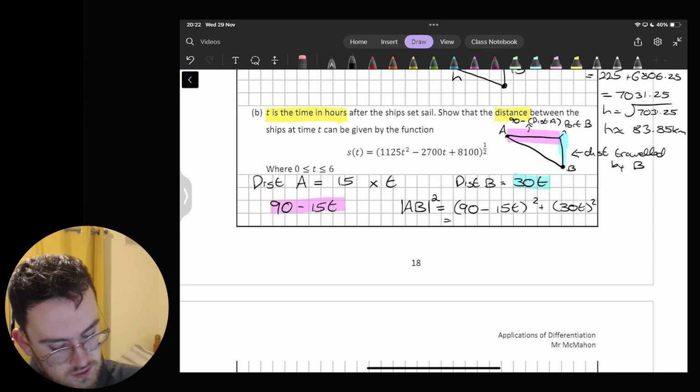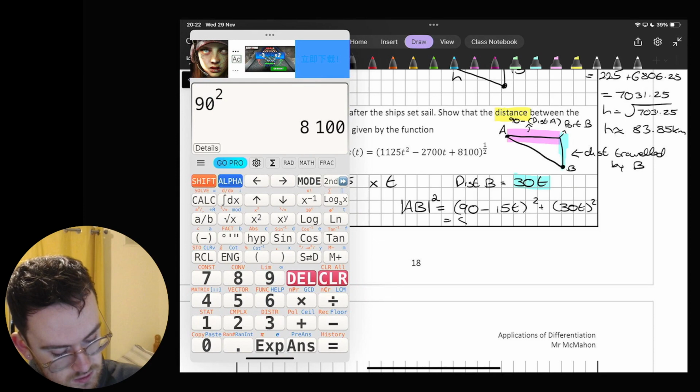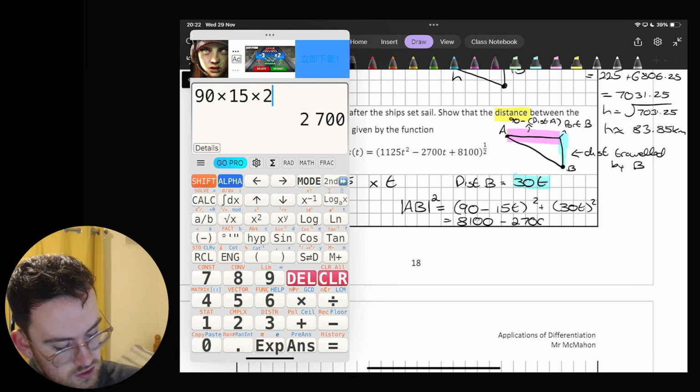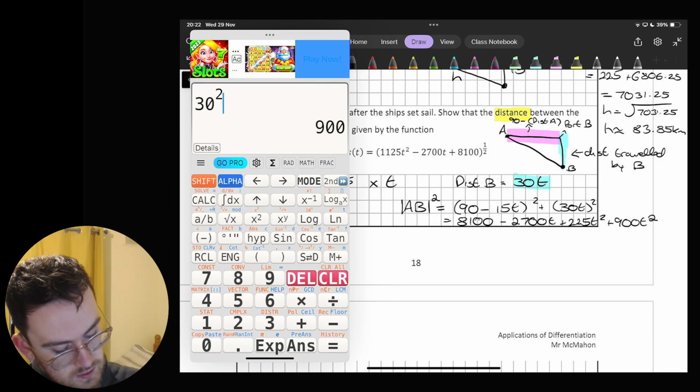Let's look at this. 90 squared is 8,100. 90 times 15 is 1,350, and I'm going to multiply that by 2 to get 2,700t. Then 15 squared is 225 t squared, plus 30 squared is 900 t squared.